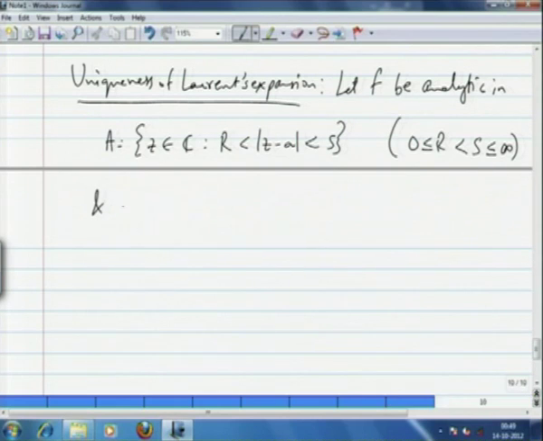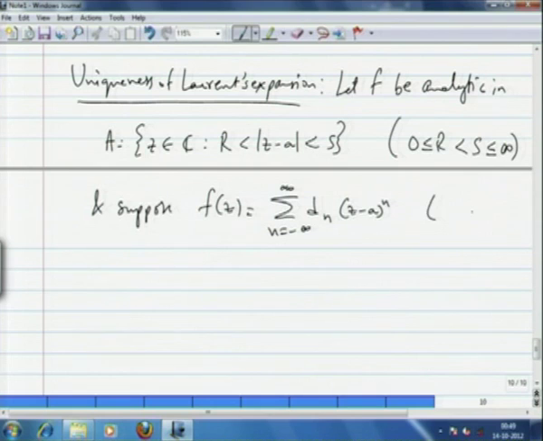Okay. And suppose that f of z is equal to sigma n equals minus infinity through infinity d n times z minus a power n. So, suppose you are able to expand f of z as a double ended series in some other format, okay, with other coefficients d n, z belongs to A, okay, then it has to be that d n is equal to C n coming from above, okay, for all n belongs to Z. Okay.